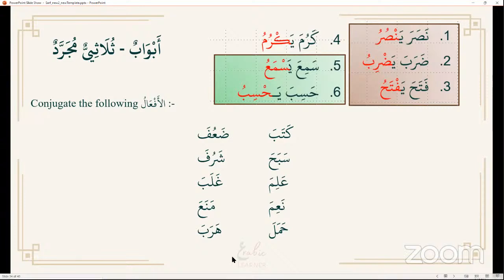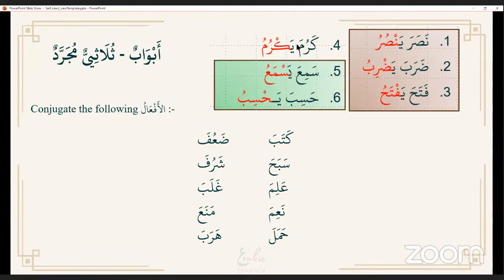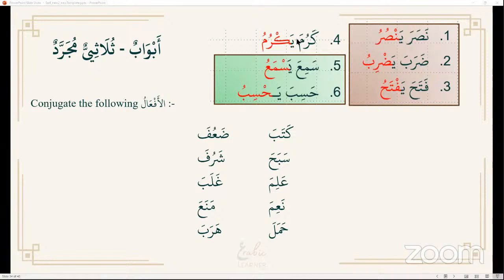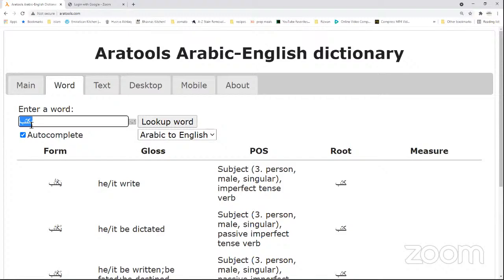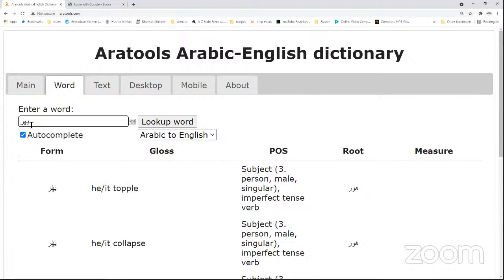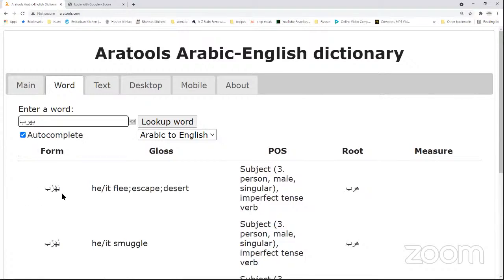Let's see from Ara tools if you want to confirm. Yahrubu. See here. See, brothers and sisters, you can see this. Okay.